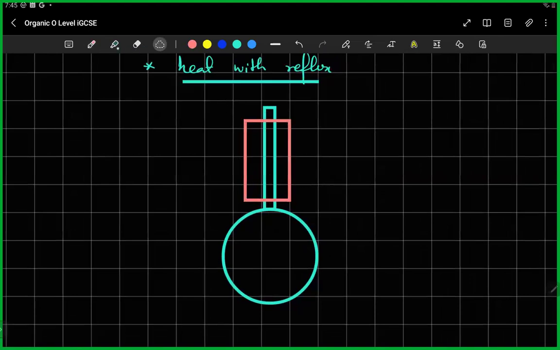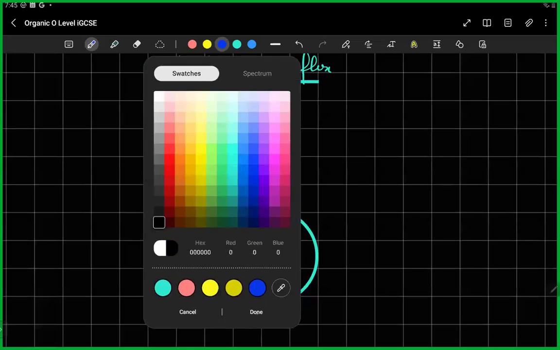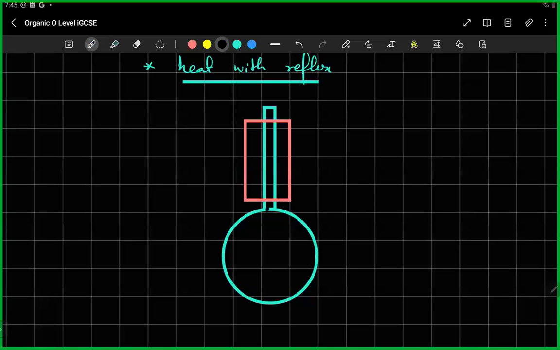There's a round bottom flask and it's got a condenser on top. इसलिए यहाँ से ओपन है.